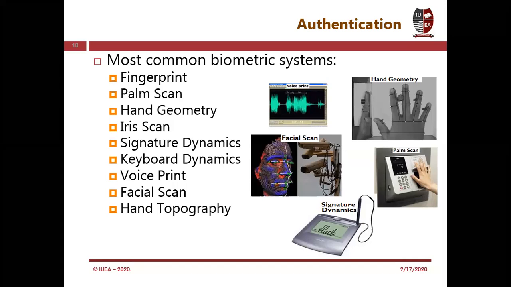So you can design a system whereby the user will come and place their palm on that system. Like in this example, you can see there. I think this could be a clock in. So this person just comes and puts their hand there.